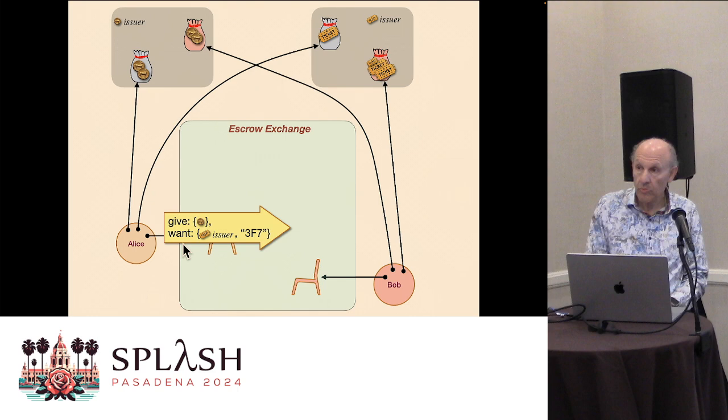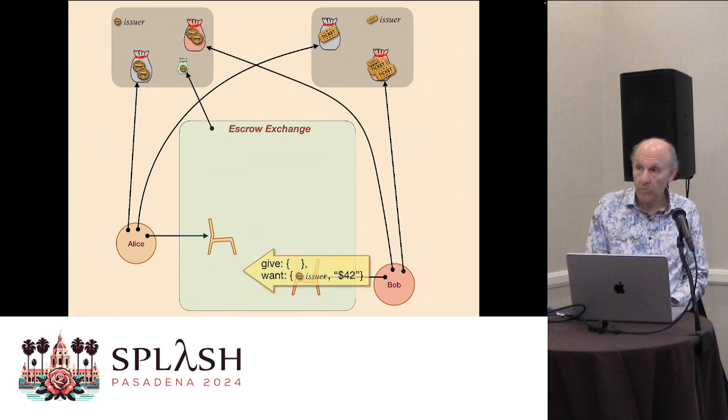Now she's transferring the asset into the escrow exchange, and the escrow exchange proceeds to use this make empty purse message on the issuer to create a credible empty purse that neither Alice nor Bob have access to. Only the escrow exchange has access to it, and it uses that to escrow the asset. Likewise, Bob escrows the ticket, saying what he wants in exchange, and the escrow exchange escrows that.